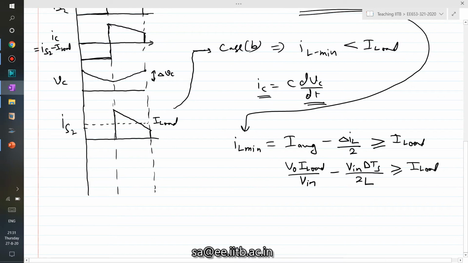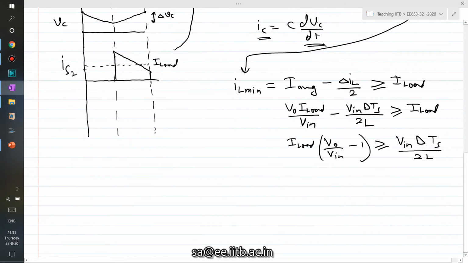Further, we can simplify it. Bring the I load terms on one side: I load times (VO by Vin minus 1) greater than or equal to Vin dTs by 2L.